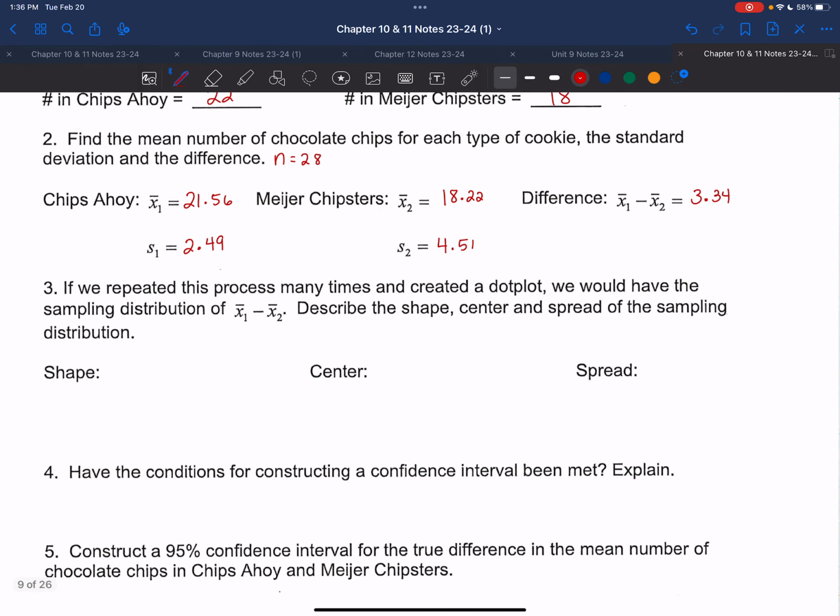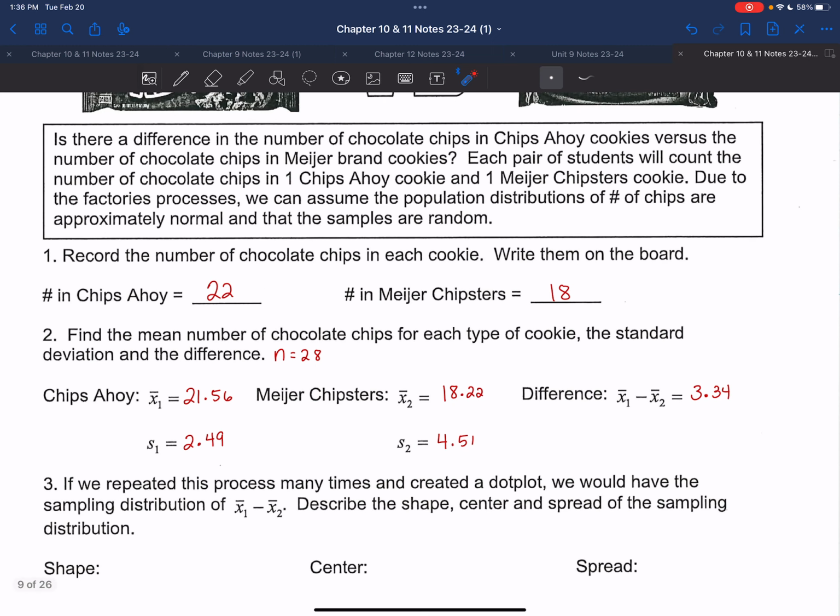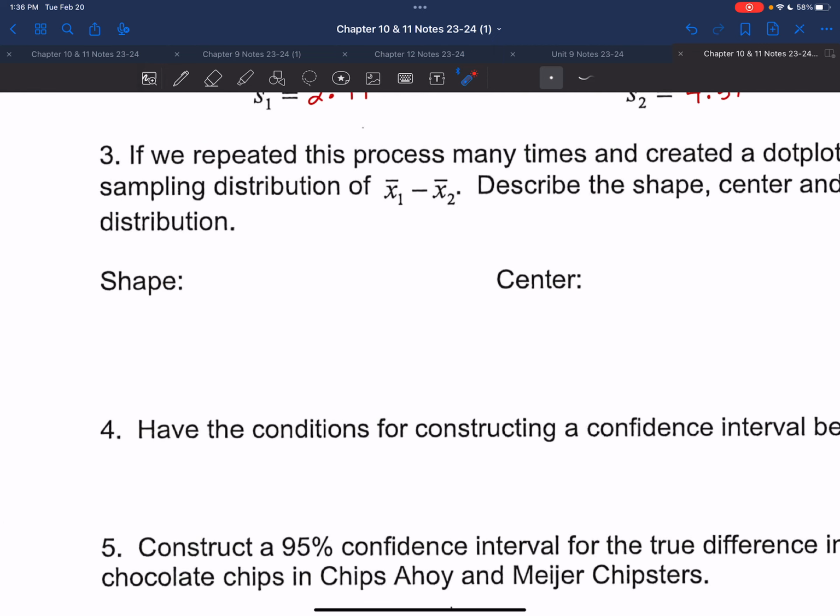Now it says if we repeated this process many times and created a dot plot, we would have the sampling distribution of x bar 1 minus x bar 2. Describe the shape, center, and spread of the sampling distribution. Now, it told us that both of these population distributions are approximately normal.